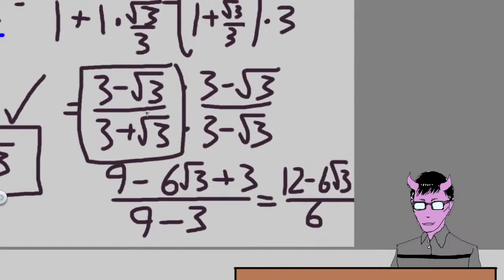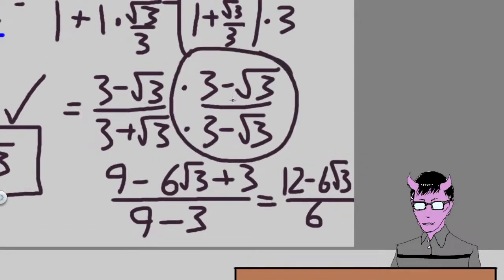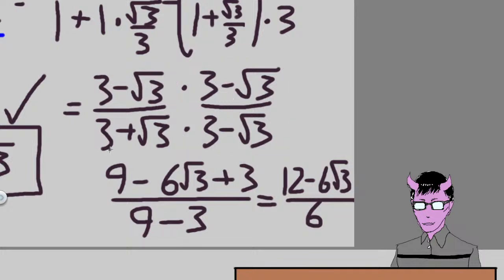So we get this one, and then we need to rationalize it, multiplying top and bottom by the conjugate. 3 times 3 is indeed 9. Root 3 times root 3 is indeed 3. Yes. So that should be correct. Interesting. Okay. And what else is there?